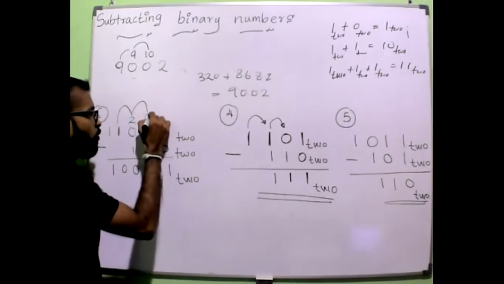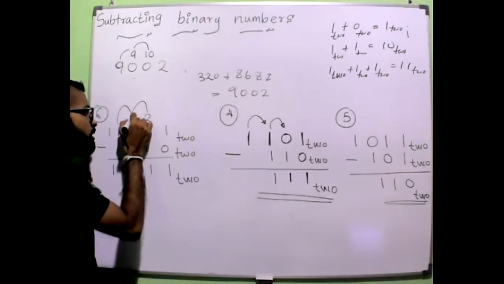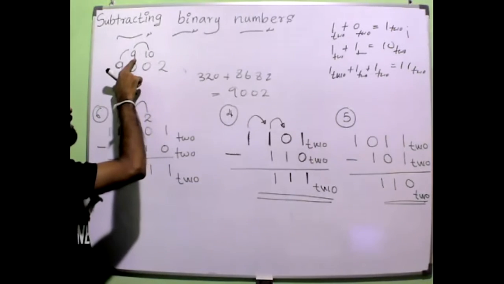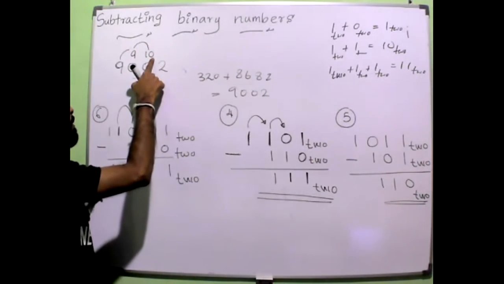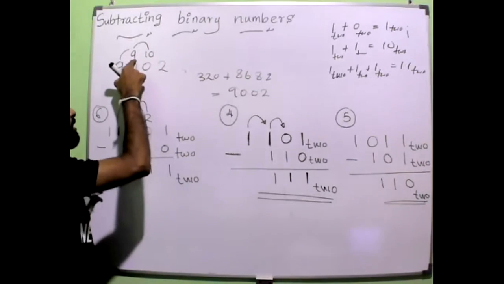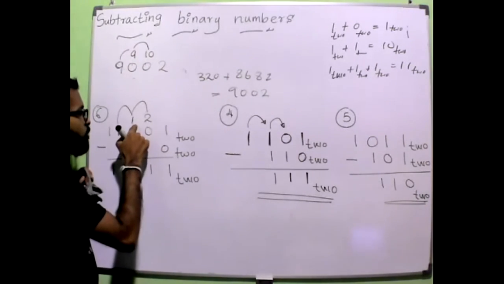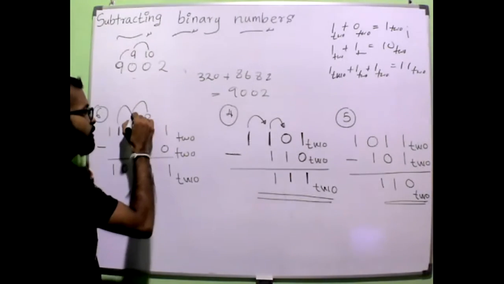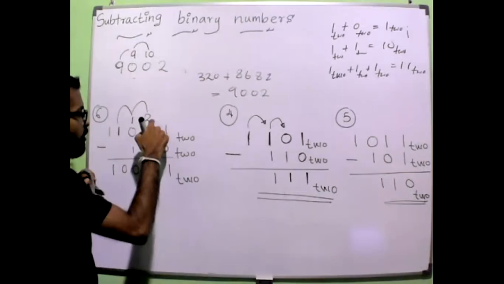Now it becomes 2, but it leaves 1 here. Likewise, previously we had 10 here. I took that 10 to this side, but 9 leaves here. So previously I had 2 here, and I took that 2 to this side, and it becomes 1 here again. Then you can do the subtraction.